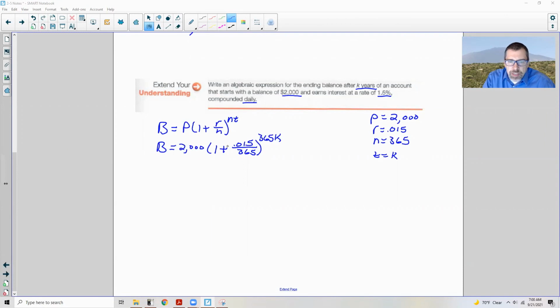All I could do is make this a different number and take the 1 plus it and find a value. But if we just leave it like this, this answers the question, because we cannot actually calculate the actual balance unless we know what K is. Could be 1, 2, 3, 100, who knows? All right, so that's it.